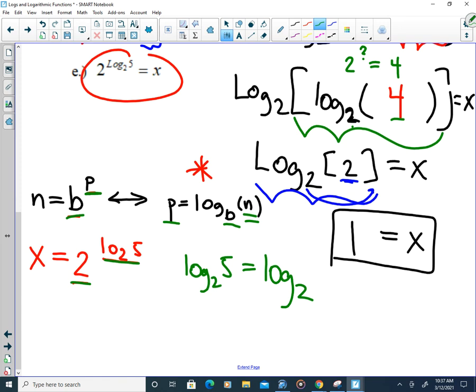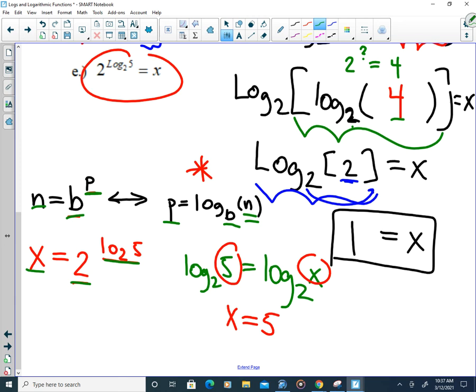Your n value is x here. So we get this equation: log base 2 of 5 is equal to log base 2 of x. Well, the only way 2 logarithms can equal each other, if they have the same base, which these do, is if these numbers are equal to each other. So that's why they cancel each other out. That's why we get x equals 5.